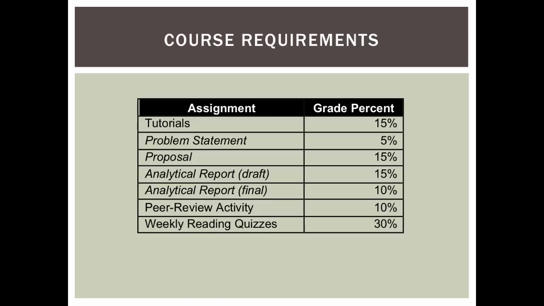Now, you'll see the analytical report draft is worth 15. It's worth more than the final, and that may throw people a little bit. But think about the point at which you submit that draft, right? The problem statement and the proposal go to your supervisor, your TA.